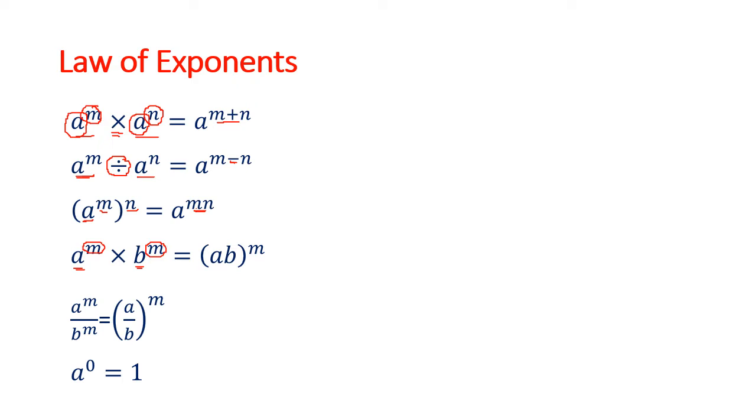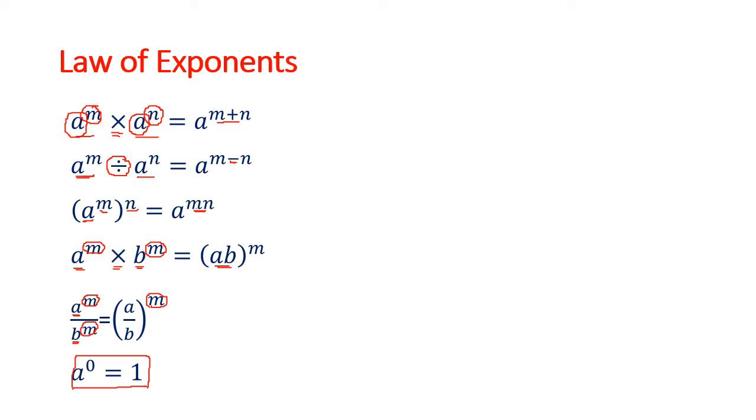So here it becomes the multiplication of the two bases raised to the power n. In the same way in division, if the bases are different but the exponent or the power is the same, then first we do the division of the numbers, raised to the power m. And one last identity is a raised to 0 is 1.